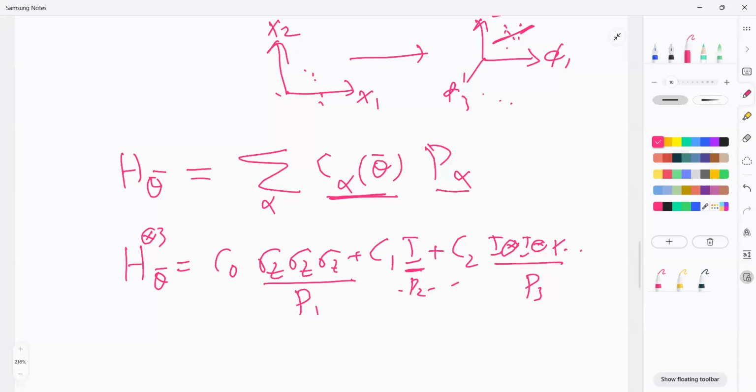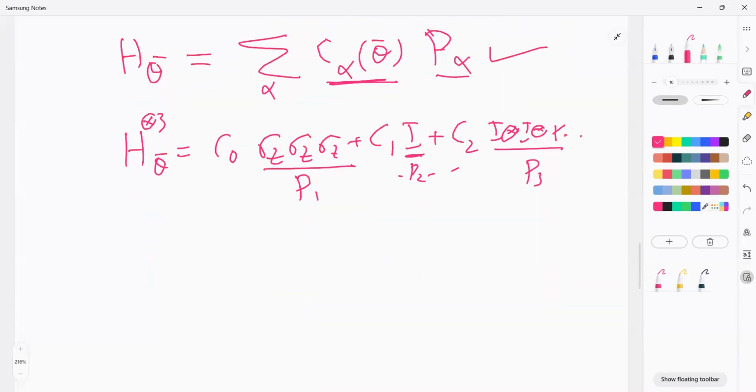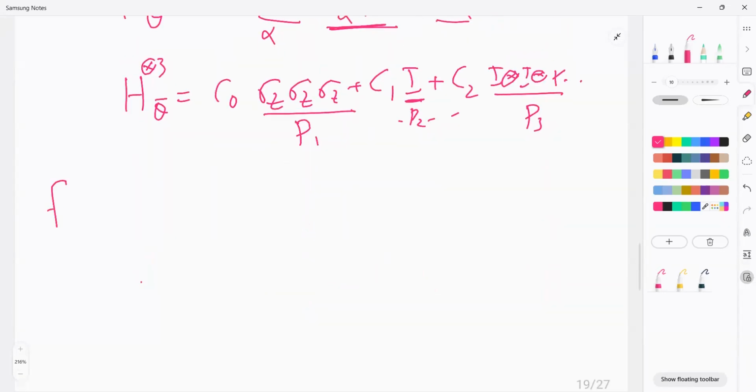So since we can write every Hamiltonian, every observable, as a sum of Pauli operators or Pauli strings, I can transform my model like this. So this F theta, which we had just written like this.